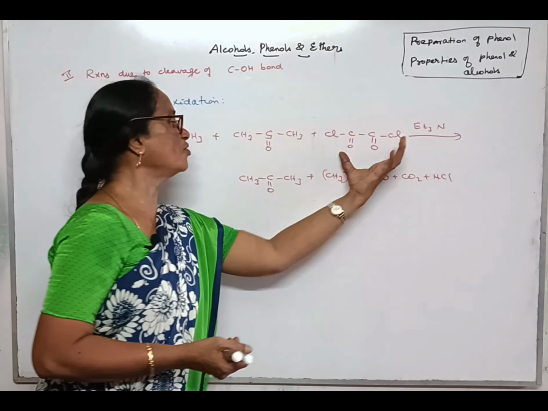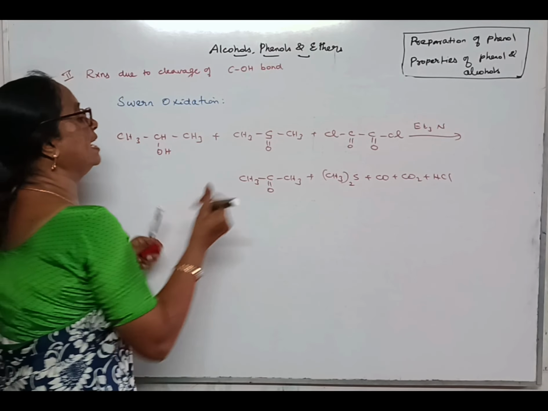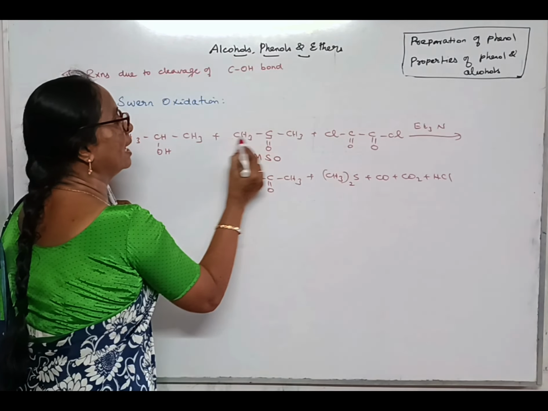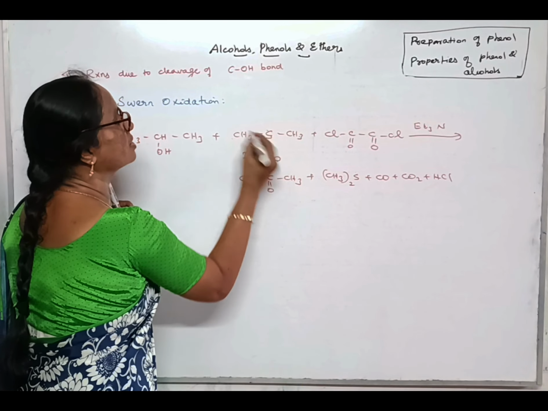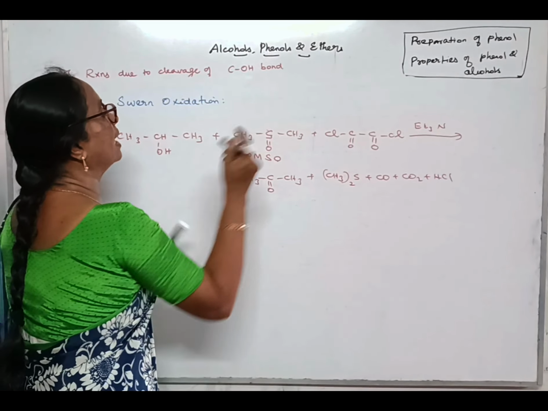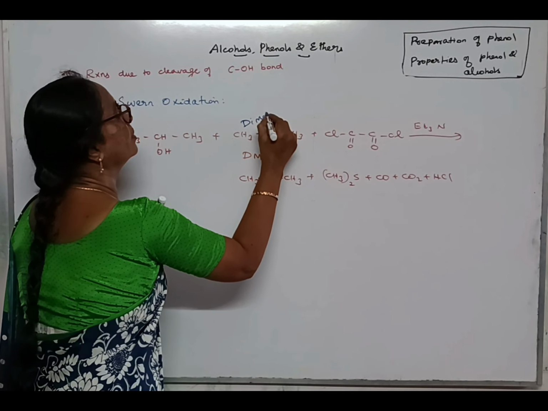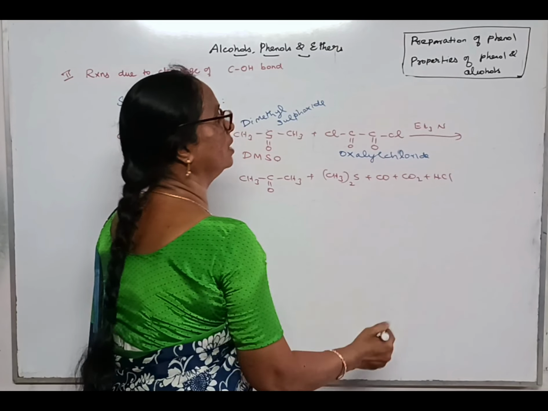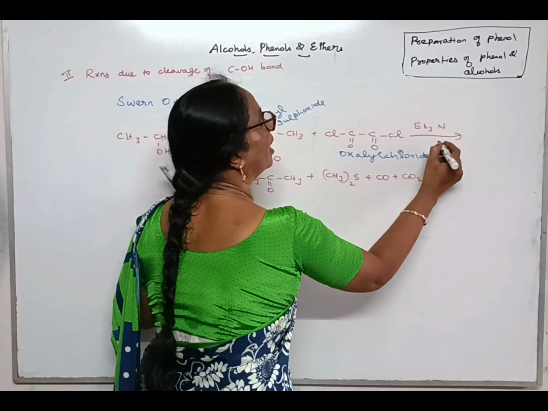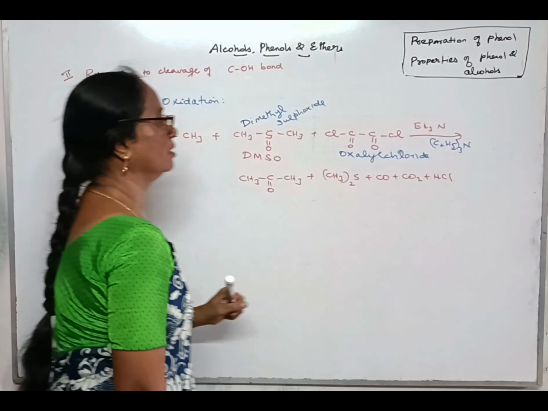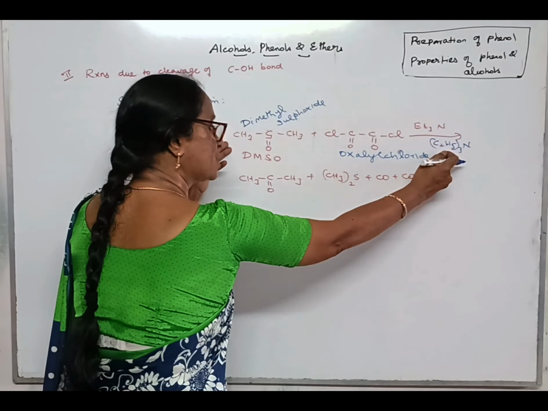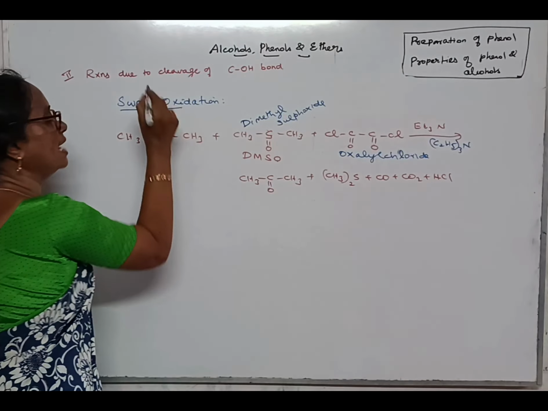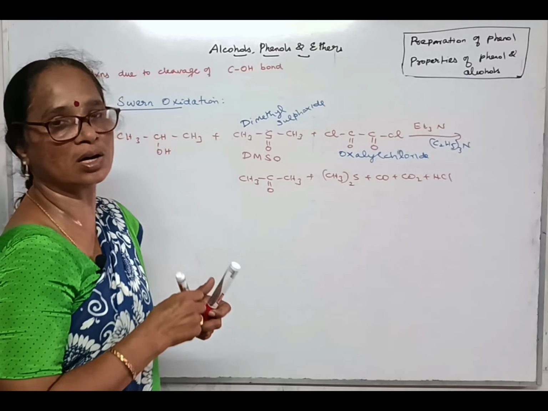The mixture contains dimethyl sulfoxide, DMSO, which is dimethyl sulfur with oxygen, and oxalyl chloride along with triethylamine, which is a tertiary amine. So when these mixtures are taken for the oxidation of alcohol, the reaction is said to be Swern oxidation.